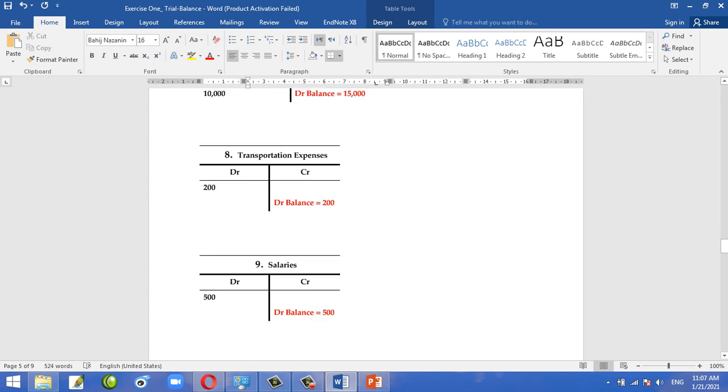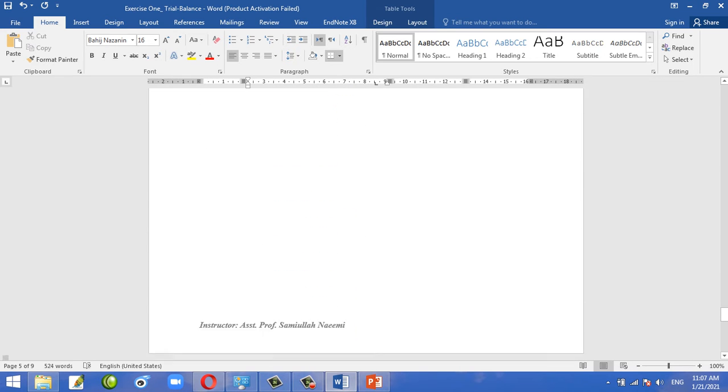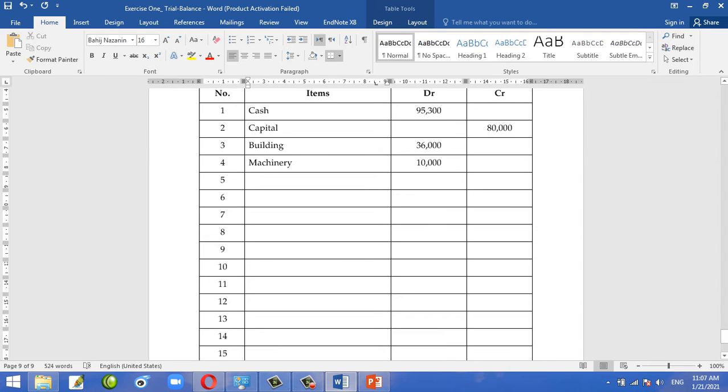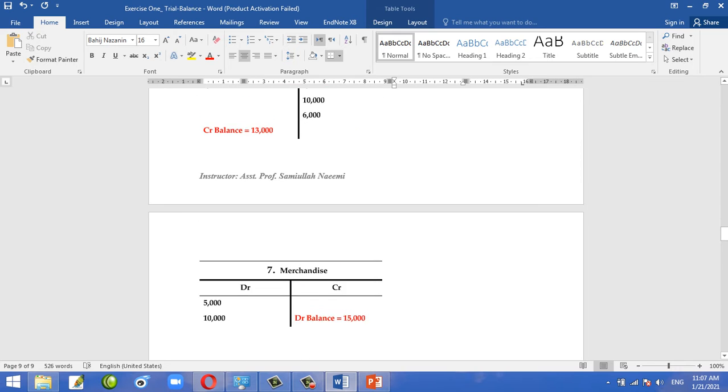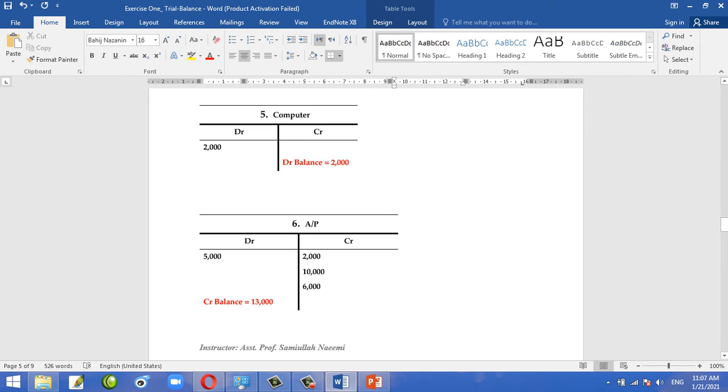First we write the computer. We have to record the fifth one is computer, that's worth of 2,000 in debit. Account payable we have 13,000 in credit because the credit side is more than the debit side.